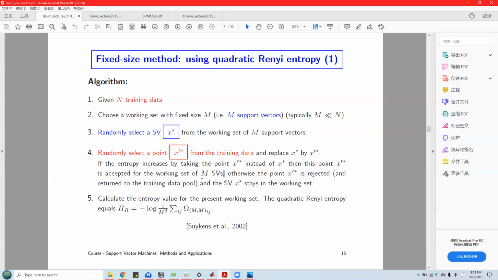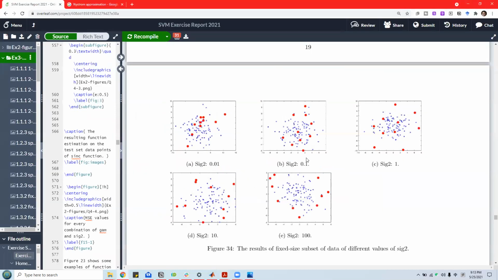I don't really know how to explain why a big sigma squared resulted in more edge points being selected, but intuitively a small sigma squared means each single data point is important, so you don't have any preference for choosing the outside ones, and that's why you have many inside data points.